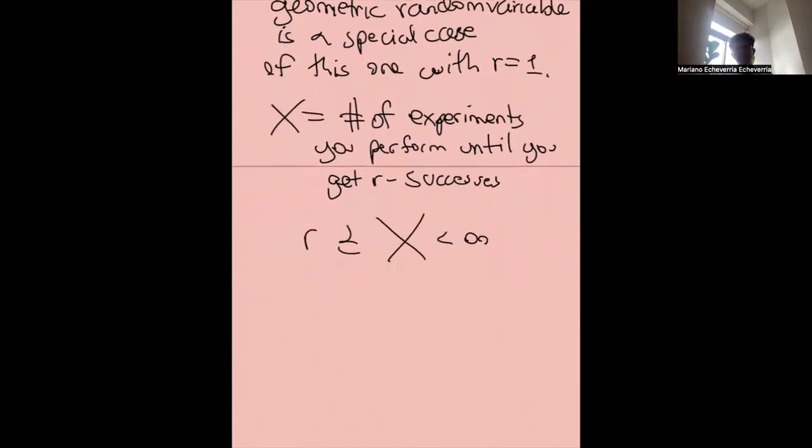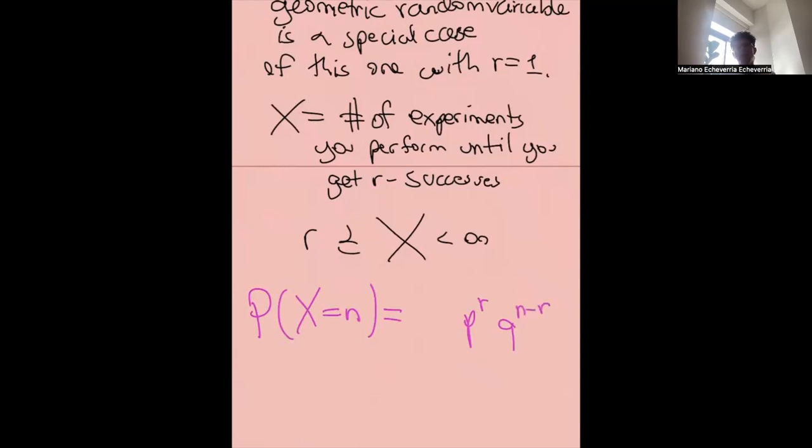But everything else is the same as what we had before, and the names are very suggestive. So what is the probability that you had to do n experiments? It requires r successes, so there should be a p to the r. Then it requires n minus r failures, so there should be a q to the n minus r.